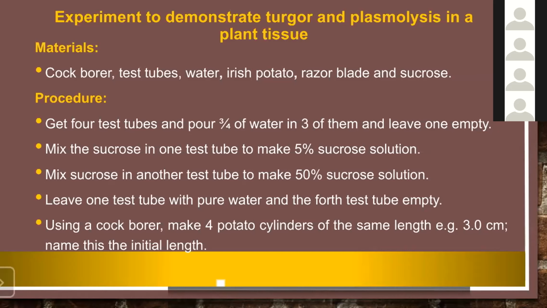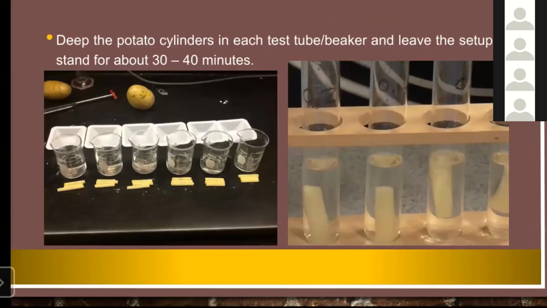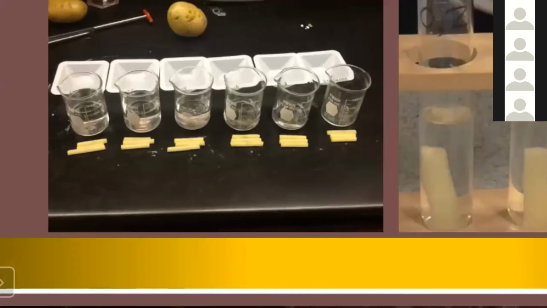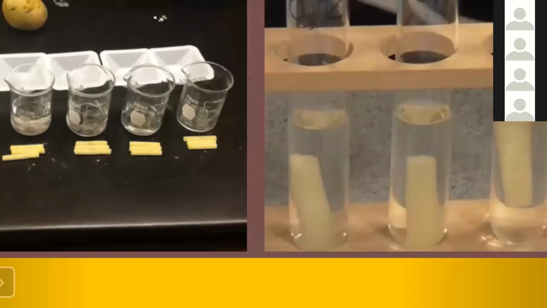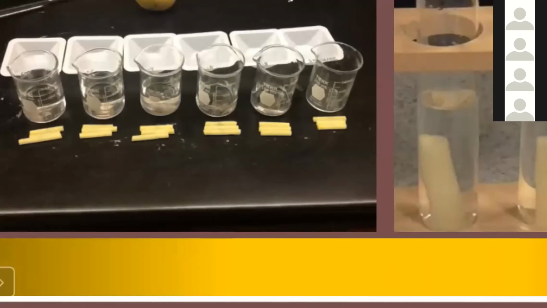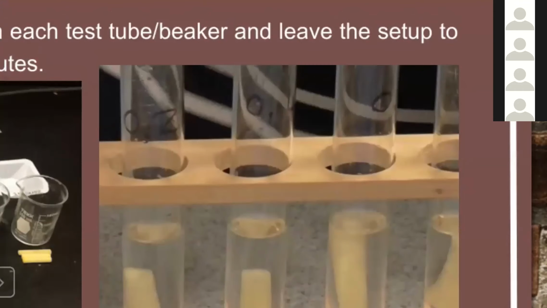Pure water. Okay, so take note of that. So here we have the beakers with the solutions, and then outside the tissues that have been cut using the cork borer. And then they're supposed to be placed in the test tubes that are on the right here.